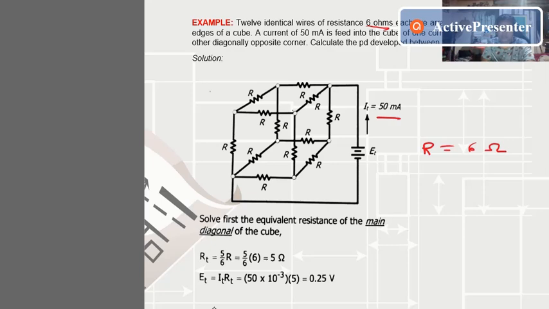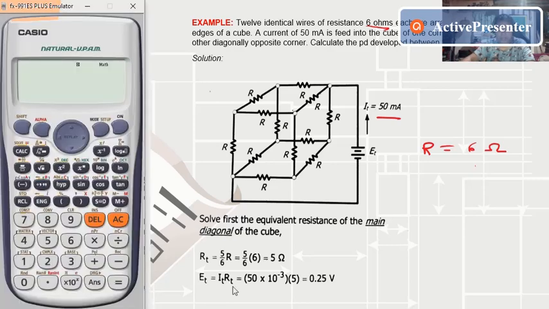To solve first the equivalent resistance of the main diagonal of the cube. So, di ba ang natong na-solve ganina is 5 over 6 ohms. Since natay R nga given which is 6 ohms, we need lang to substitute.